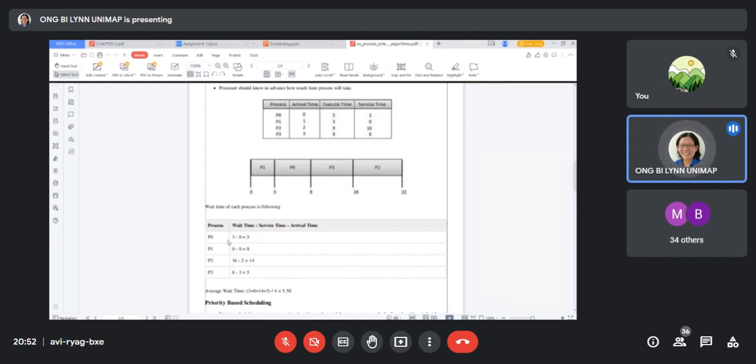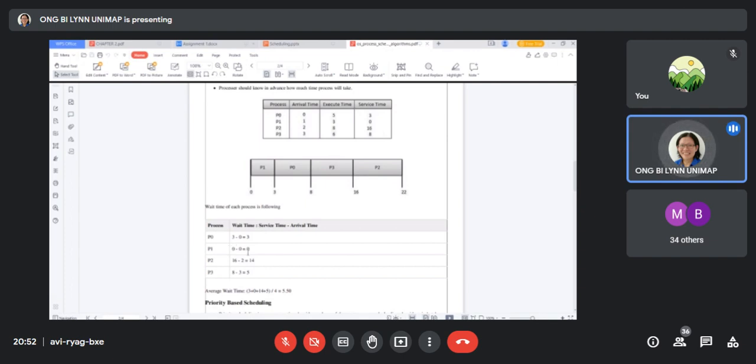Again, P0 will be equal to 0 minus 0 equals 0. P1 will be equal to 5 minus 0 equals 5.